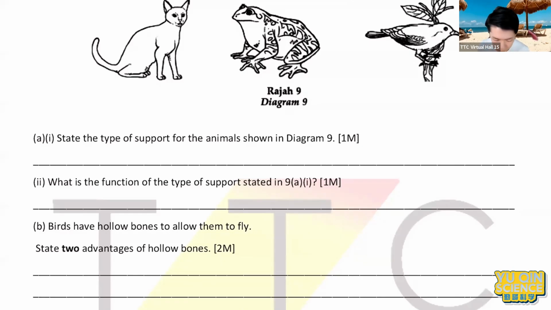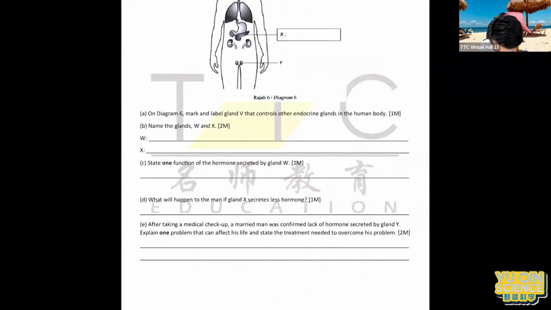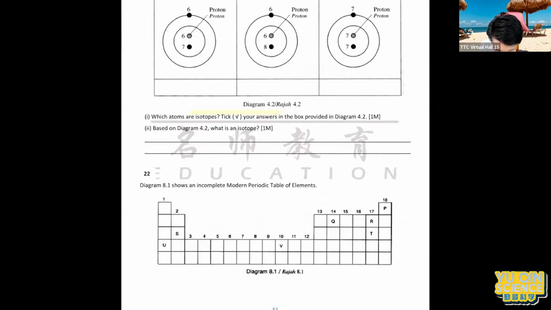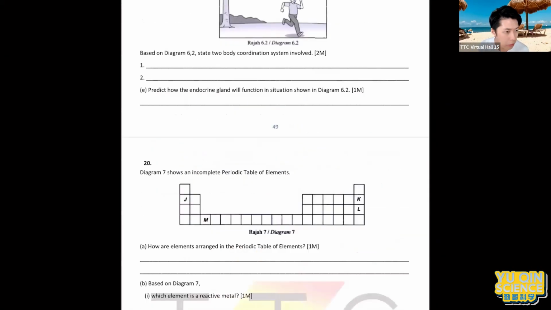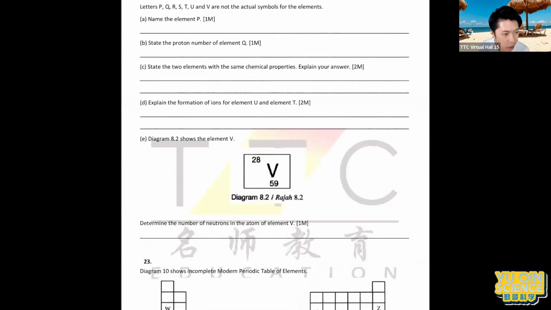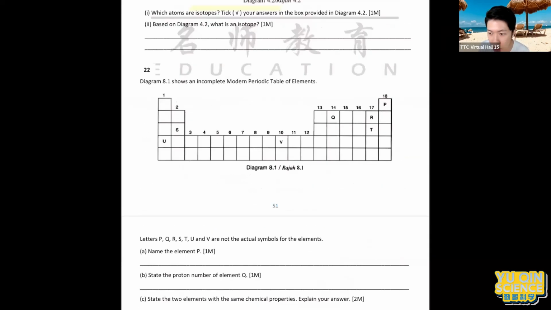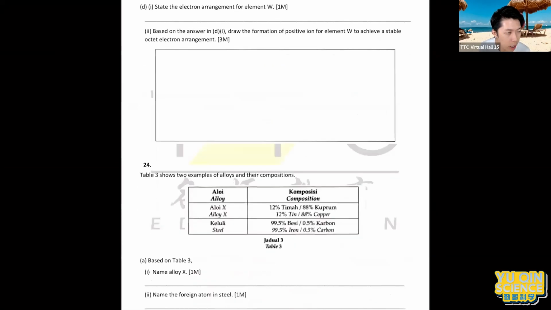Okay, cool. Let's roam around and see what we have. Oh, do you want some periodic table? Let me get the ions question. Where's my ion question?